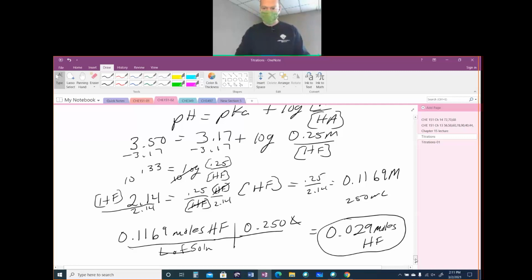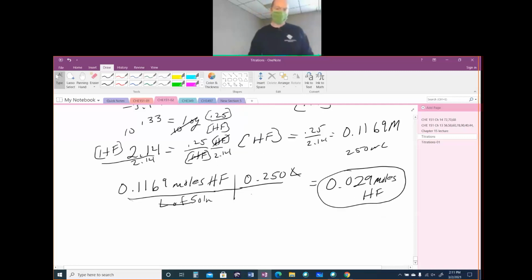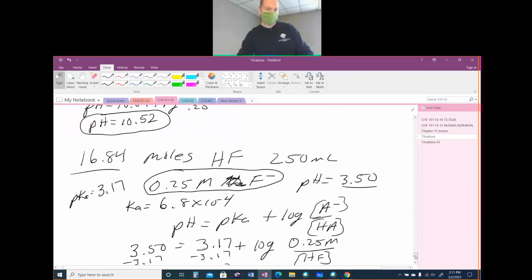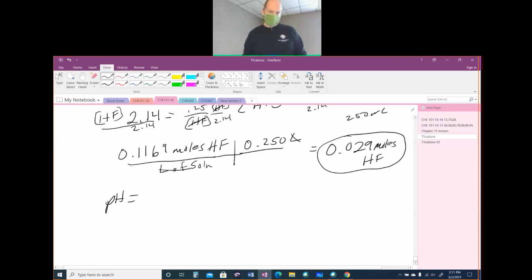that gives us our 0.1169. So to check that answer, we would have your pH is equal to the pKa, 3.17. Plus the log of the A minus is 0.25 molar divided by the concentration of HF, which is your 0.1169 molar.